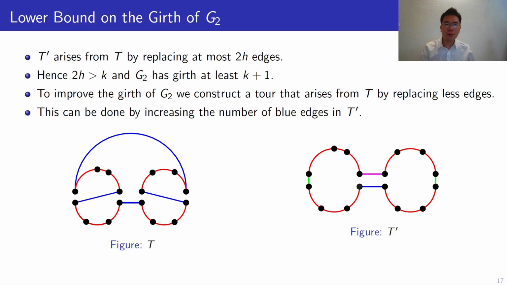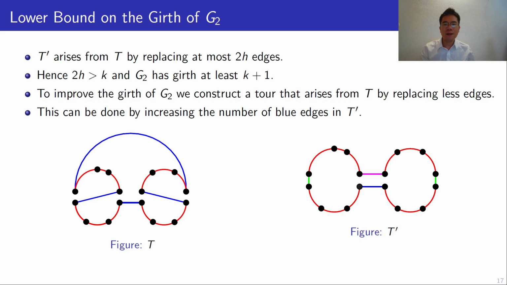So for the second property, note that T prime arises from T by replacing at most 2H edges, since we removed the 2H blue edges. Now we can conclude that 2H is greater than K, since otherwise T is not K optimal, since we have found a replacement of 2H edges to get a cheaper tour T prime.